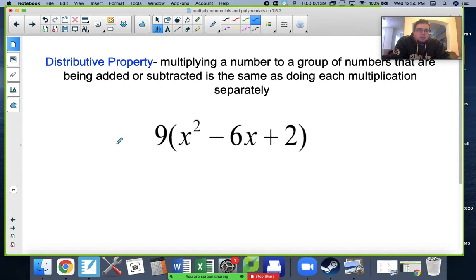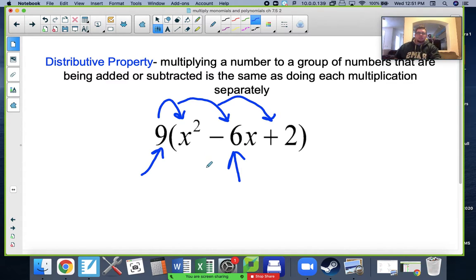So let's take a step back and just look at the distributive property. The distributive property is technically a monomial, one term, multiplying a polynomial. So that 9 is going to multiply everything that's inside the parentheses.